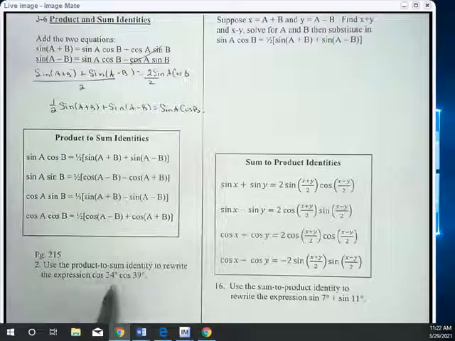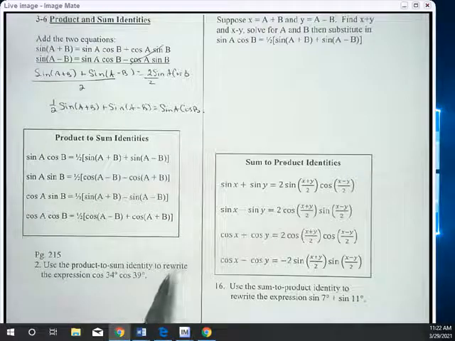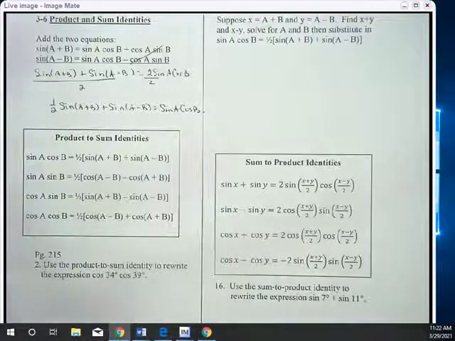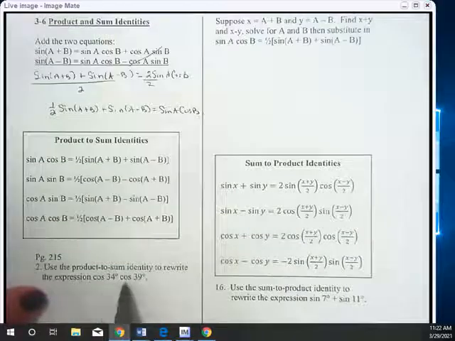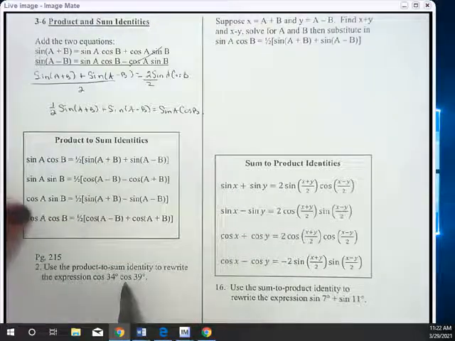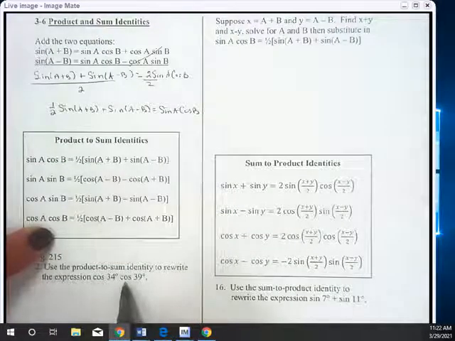We're going to use the identity to rewrite. Now make sure when you are doing this lesson, you read the instructions, because sometimes it says to just rewrite it. Cosine, cosine. So I look for the one that has cosine, cosine. So it's the very last one.